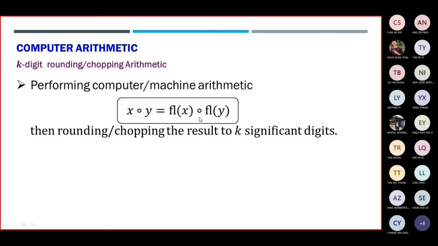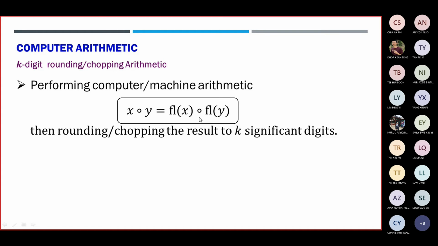It is wrong. The computer would not do it that way. The computer chops everything at the beginning, not at the end. Please be aware of that.